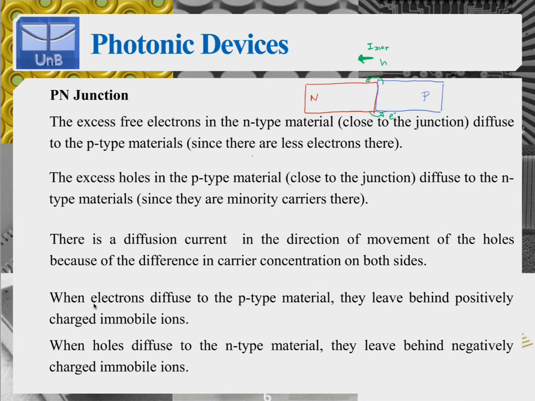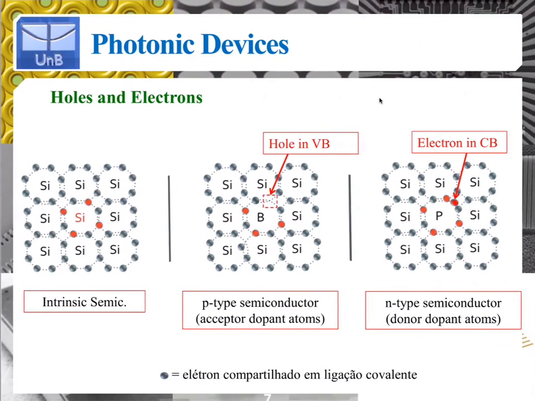Now, what happens also is that when electrons diffuse to the p-type material, they leave behind positively charged immobile ions. So when these electrons move here, they will leave behind ions that are positively charged, and we're going to represent them in this way, in the n-type material close to the interface. Why does this happen? Let's recall that when you dope an n-type material, you introduce donor impurities, for example phosphorus, which has 5 electrons in the valence shell.